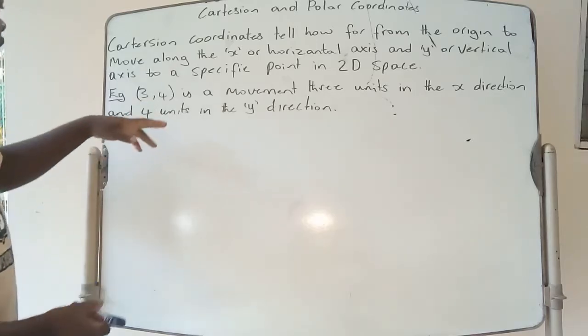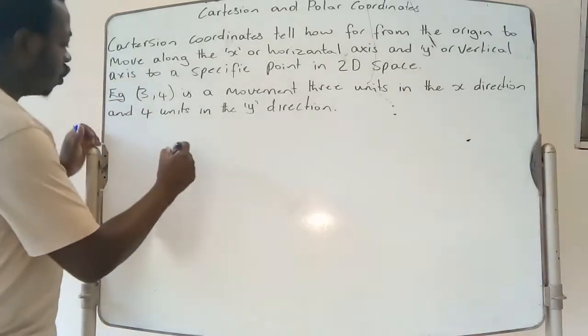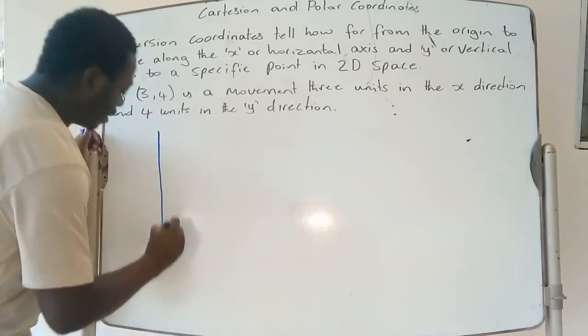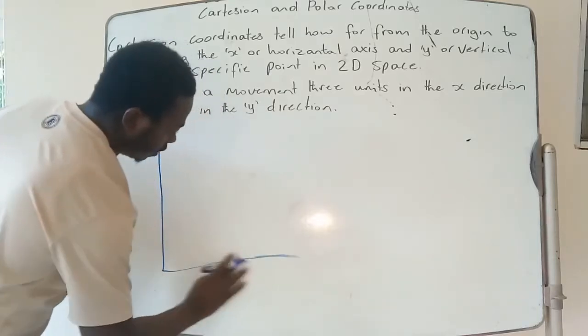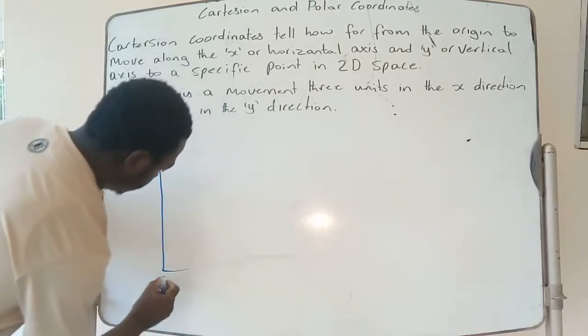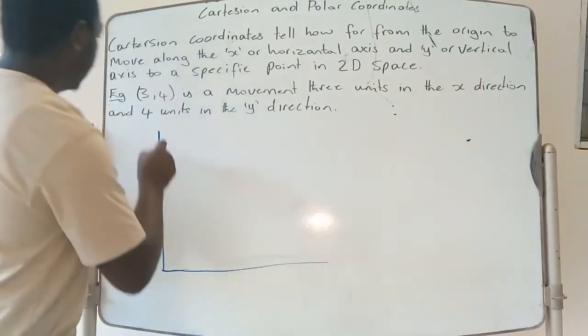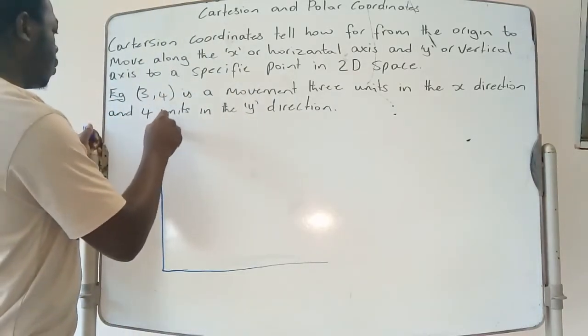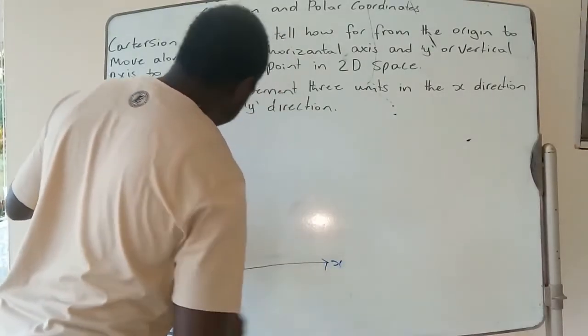Now I'm going to make a graphical representation of this point here. So now you would have an x and y plane, right? So this would be your y-axis and this would be your x-axis, right?